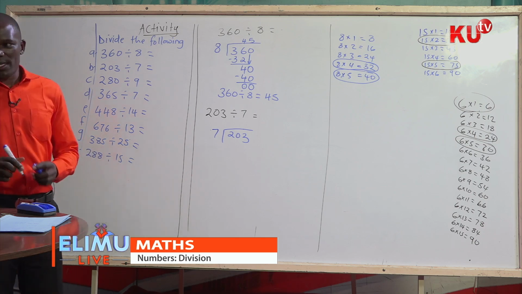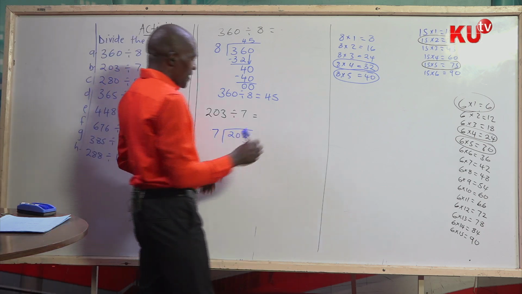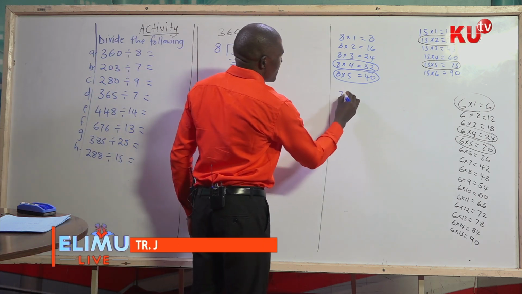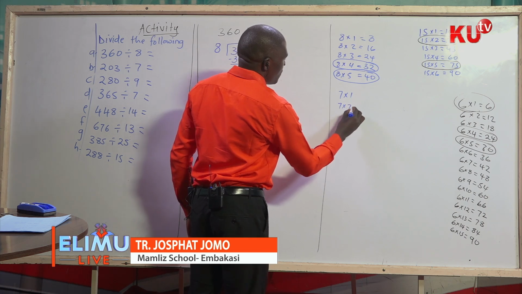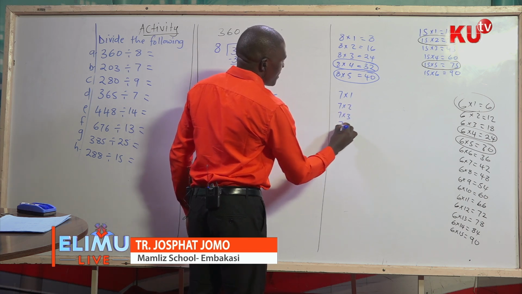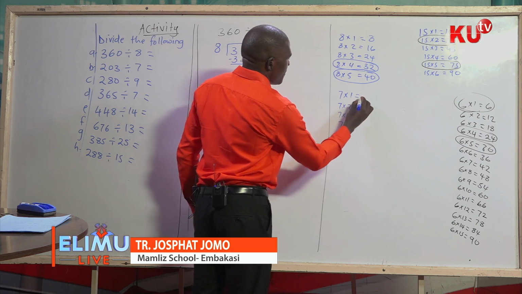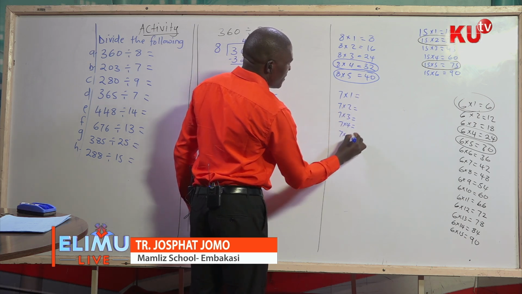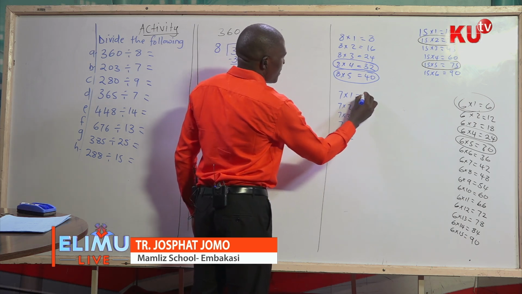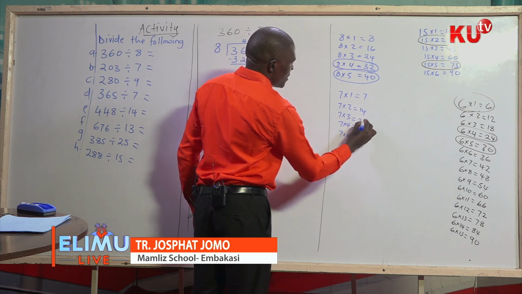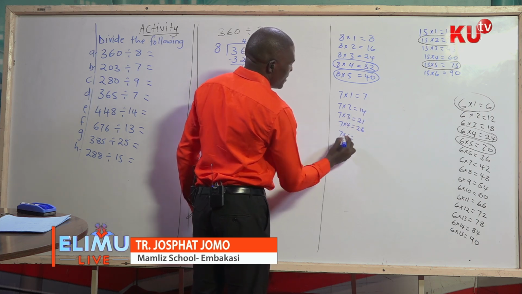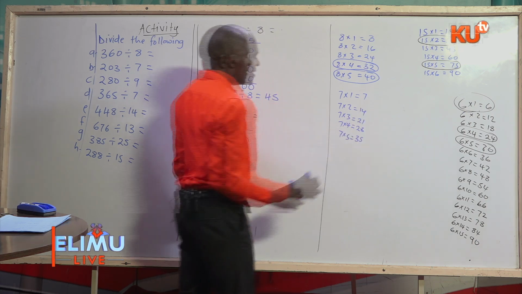You move to table 7. 7 times 1, 7 times 2, 7 times 3, 7 times 4, 7 times 5. So that is table 7: 7, 14, 21, 28, and 7 times 5, that is 35.